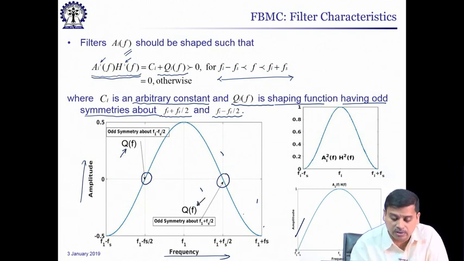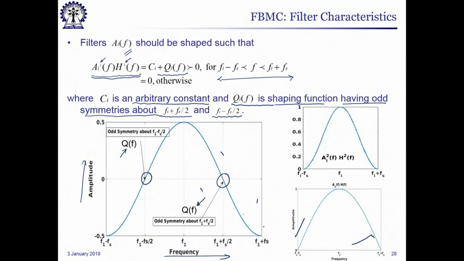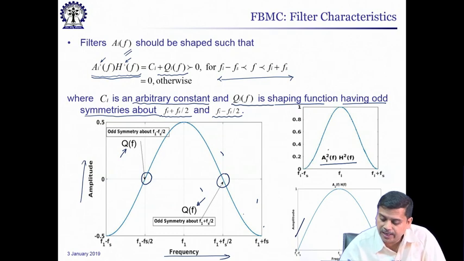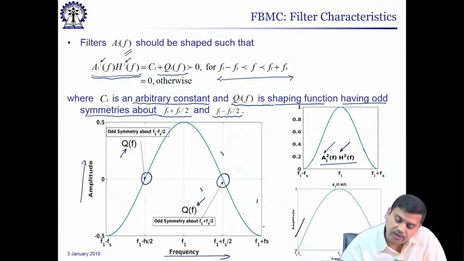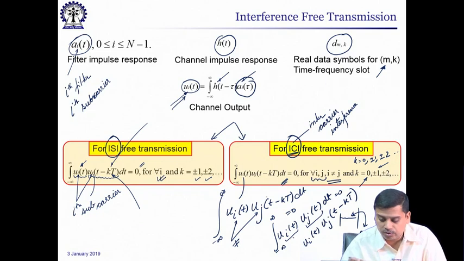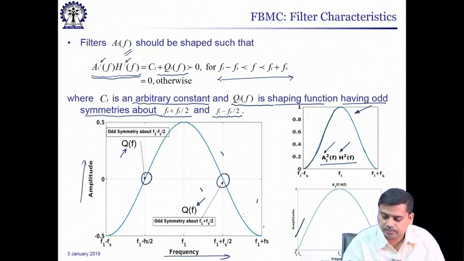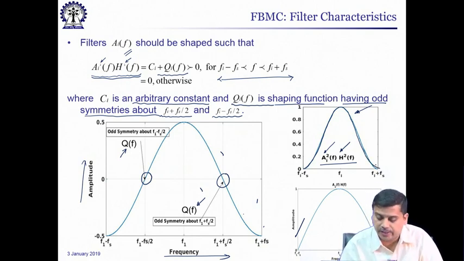So, this is the requirement, and accordingly Ai squared Hf squared, where Ai is the filter transfer function of the transmitter for the ith subcarrier, and Hf is the transfer function of the channel. So, the product squared would have to look like the shape given in this picture, right. It has to take this shape, and then you get the orthogonality criteria.